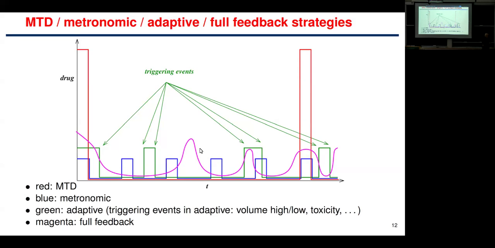And more generally, in magenta, I wrote something a little more ideal, but I'll talk a little bit about that, which is full feedback. In the adaptive therapy I showed, we applied the same amount of drug in between triggering events, start or stop triggering events. In full feedback, you would apply a continuous amount of drug.